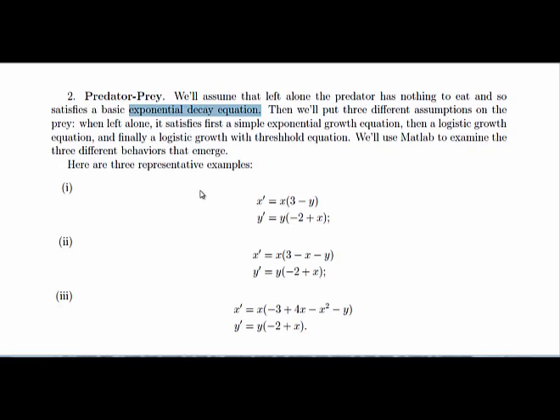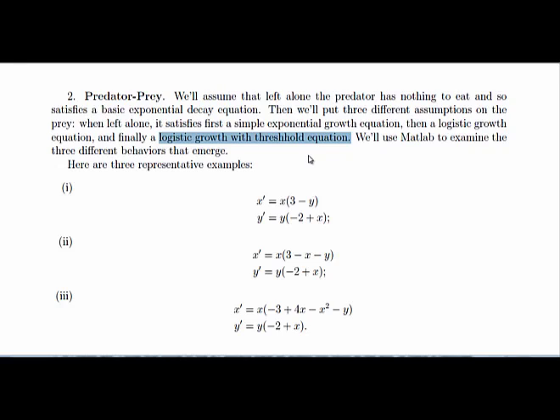When left alone, either it satisfies, in the first case, a simple exponential growth equation, or it assumes a logistic growth equation. And finally, the third example is when it has logistic growth with a threshold constraint on it. And then we'll use MATLAB to examine the 3 different behaviors that emerge.